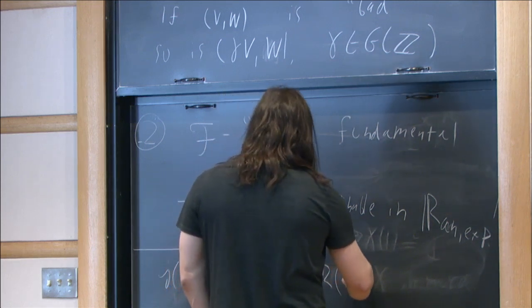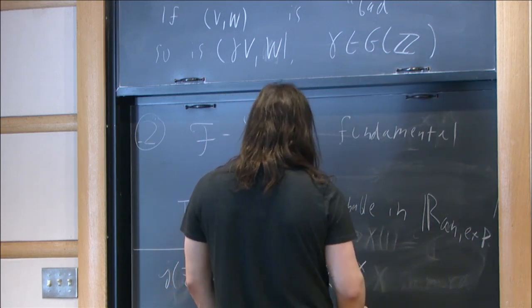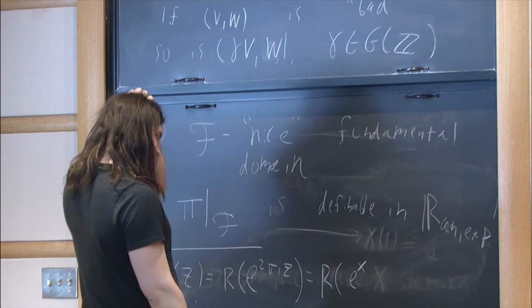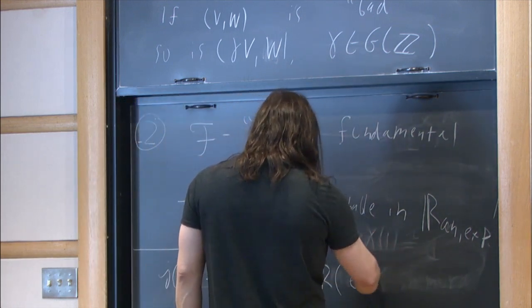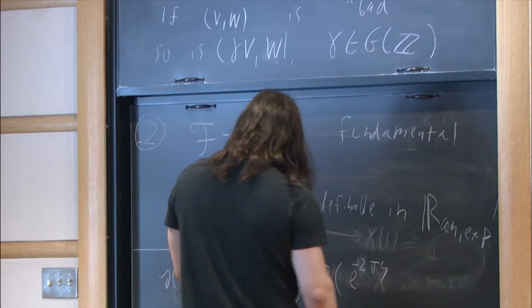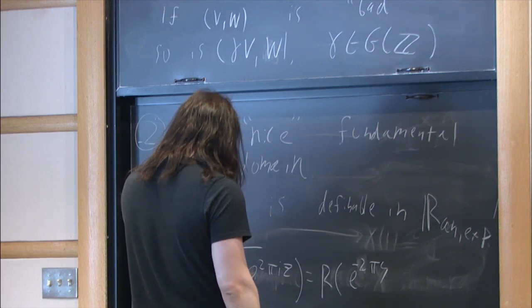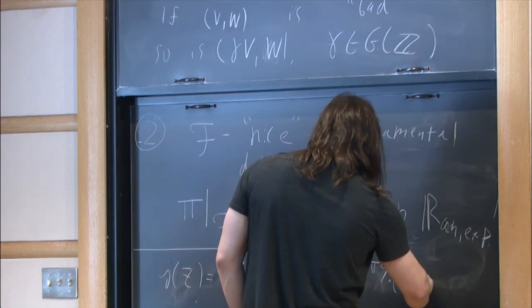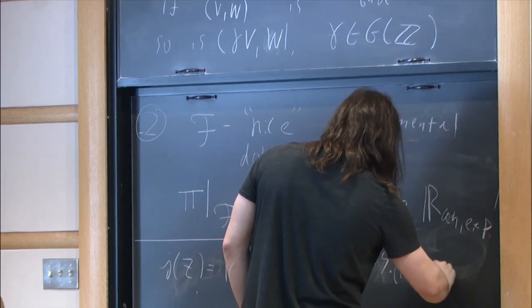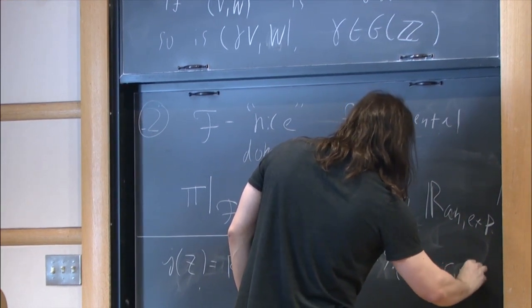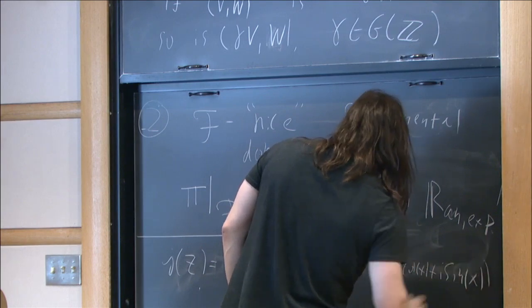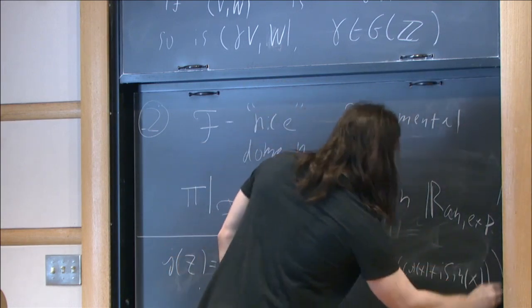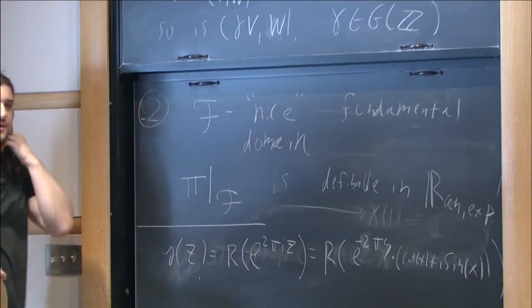So let's write it as R of e to the minus 2 pi y, times cosine x plus i sine x. That's surely close enough. Let's go with that. OK, so we can write it in this form.